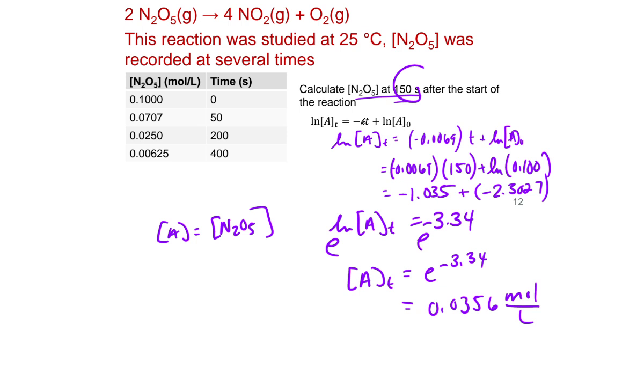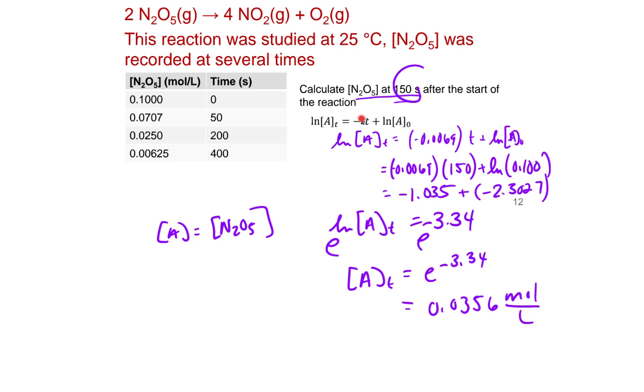Yes? Why is the k negative? In this case, we're going to leave the equation with the negative because our k is positive, as I showed you on the previous slide, but we leave the negative in to represent this expression.